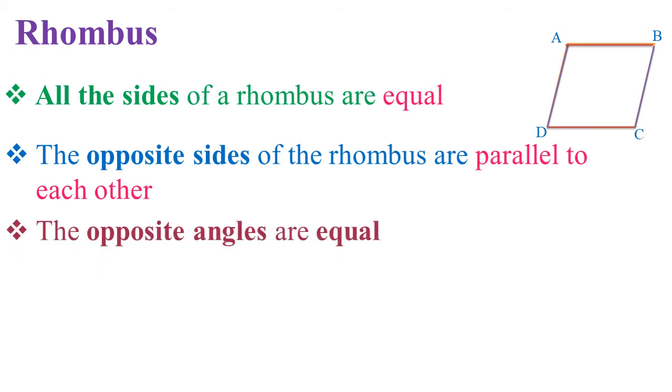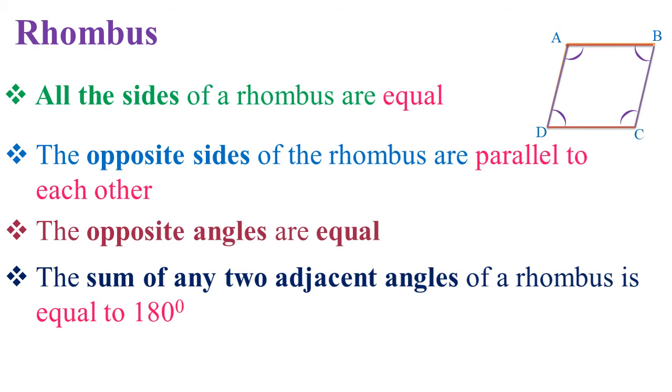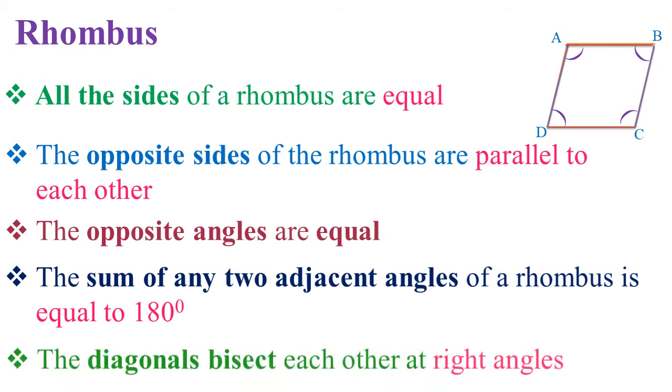The opposite angles are equal. That means angle B is equal to angle D and angle A is equal to angle C. The sum of any two adjacent angles of a rhombus is equal to 180 degrees.